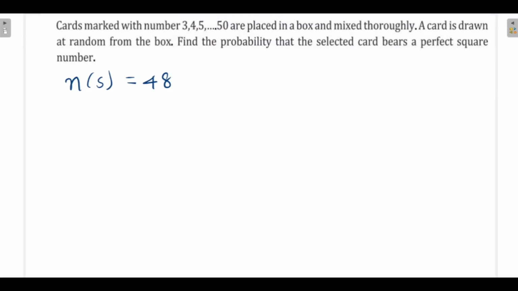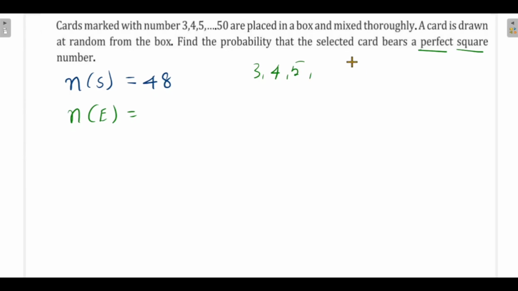The next step is we have to find out the number of events. That means here the condition is the drawn card must be a perfect square number from these 48 cards. That means from 3 to 50 we have to identify the total number of perfect square numbers.